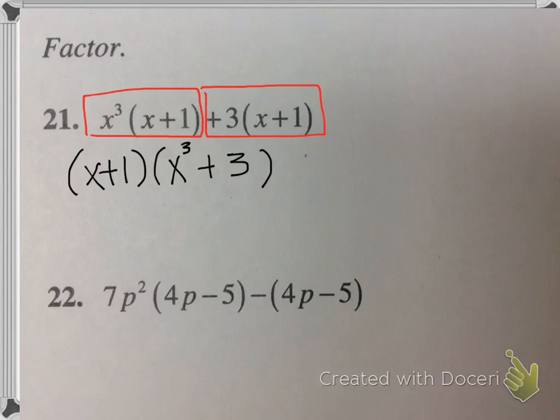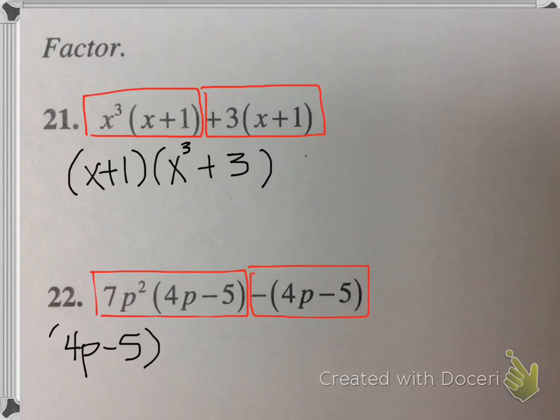Let's look at the second example. Again, we have multiple terms, and we see some parentheses there. Here's one term, here's the other. So now, what do those 2 terms have in common? They have 4p minus 5 in common.